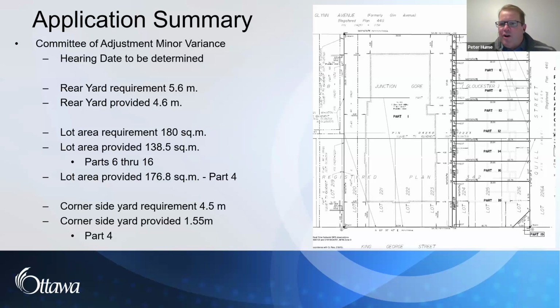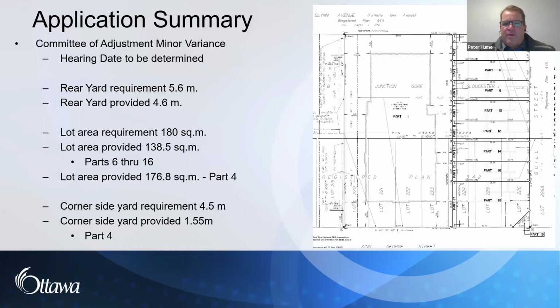The lot lines aren't necessarily straight, so some of them will be 138.5, some of them may be 138.25. But at this point, for the purposes of this presentation, understand that we will need minor variances, and the quantum will be in the range of 138.5 square meters.